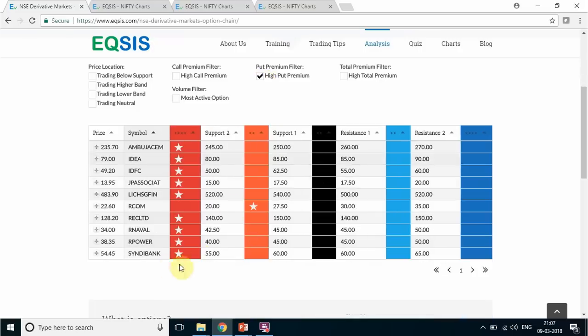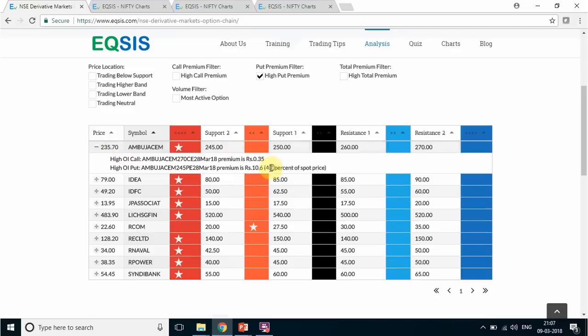But it is very natural to see this star carry a high premium because these are already in the money put options, which naturally carry a high premium. So don't get excited by looking at 4.5%. This 4.5% is nothing but 10 rupees, which is 4.5% of 235, and naturally 10 rupees will be there. It is already an in the money put option.